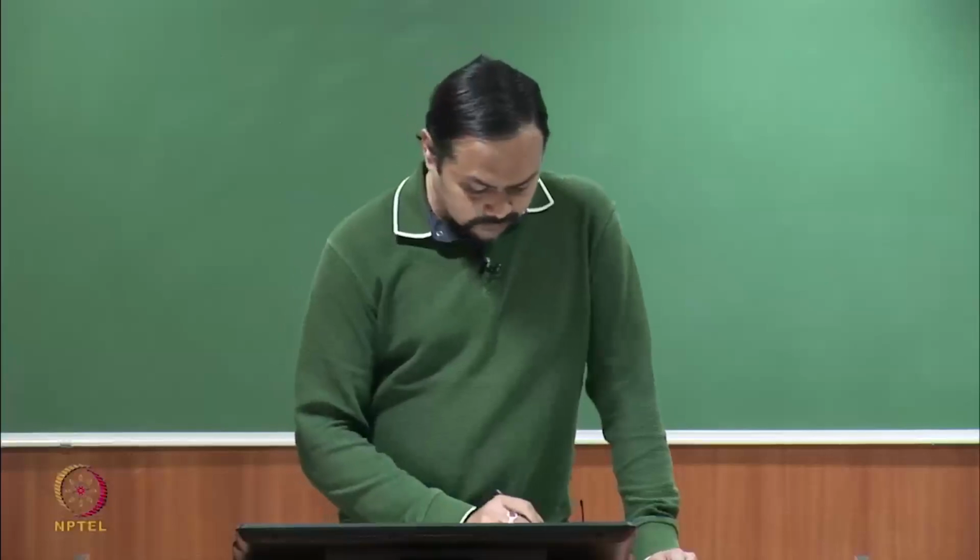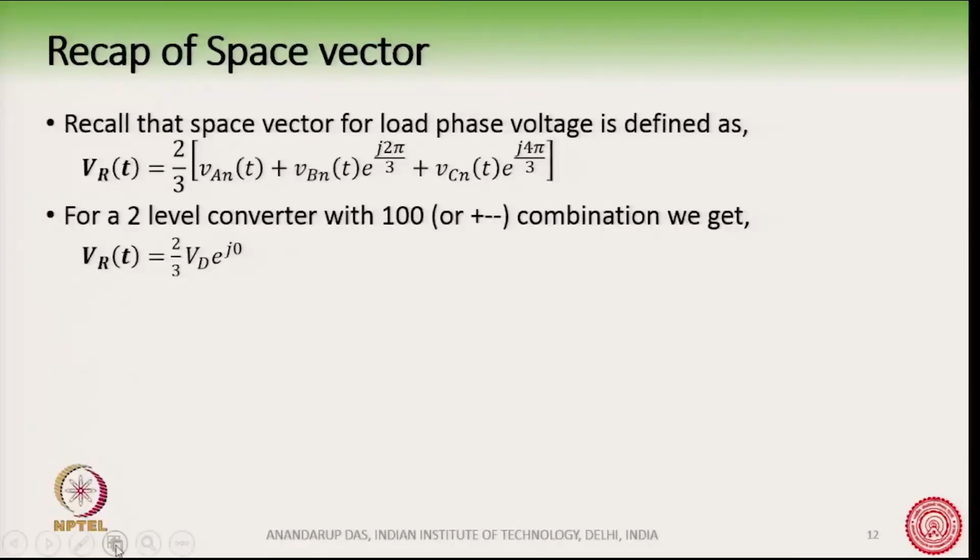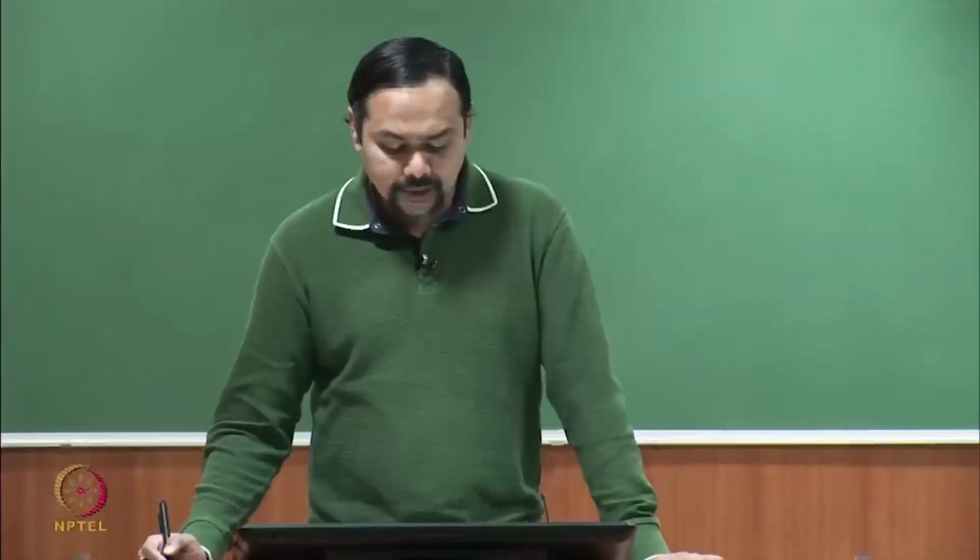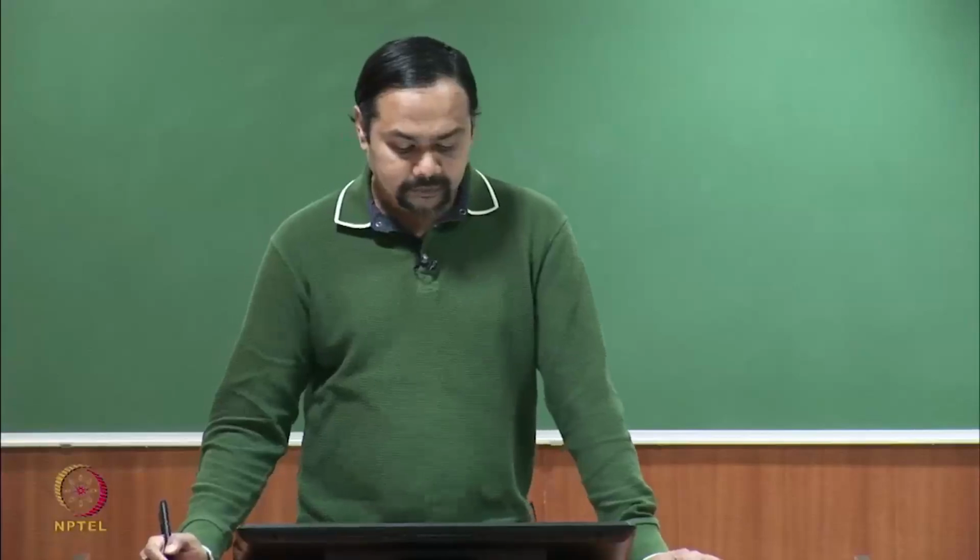We had defined space vectors as a combination of 3 quantities. For example, if these 3 quantities are load phase voltages, then the resultant space vector is written like this. So, this is the resultant load phase voltage space vector.